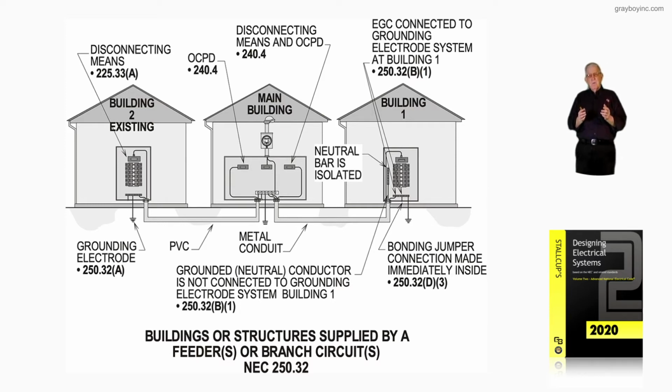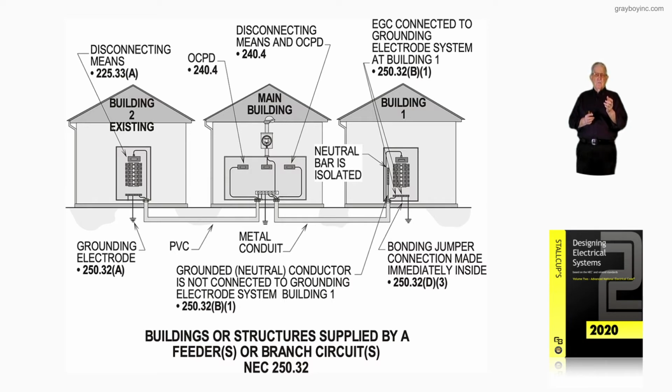For example, the building to the left is identified as building 2. To be able to use that grounded conductor that you see connected to that common bar connected into the electrode system, as a bonding means, as a path for an effective ground fault path, and as a neutral, it has to be existing. In other words, it would have to be an existing installation.